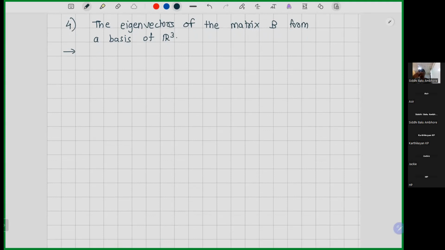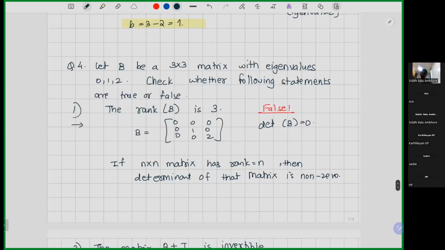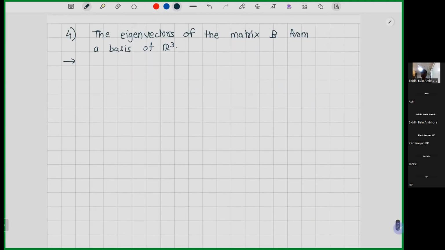And the matrix B is the above matrix, it has 0, 1, 2 eigenvalues. Yes, it is the same question, that 0, 1, 2 are eigenvalues of matrix B. So we have distinct eigenvalues. That would imply we have distinct eigenvectors. Exactly. This is the essence of this, that we have distinct eigenvalues.